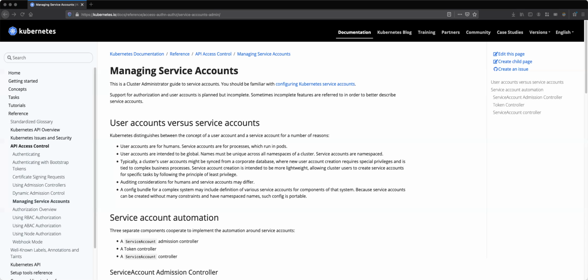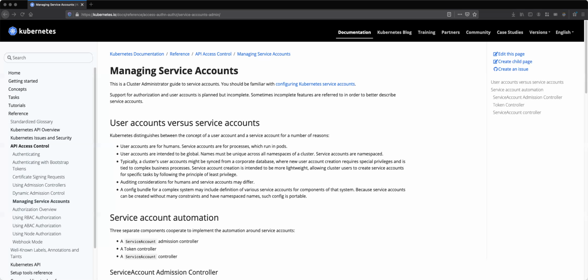Tell me one best practice that should be looked into when you're talking about service accounts, when you're designing your Kubernetes architecture with service accounts.